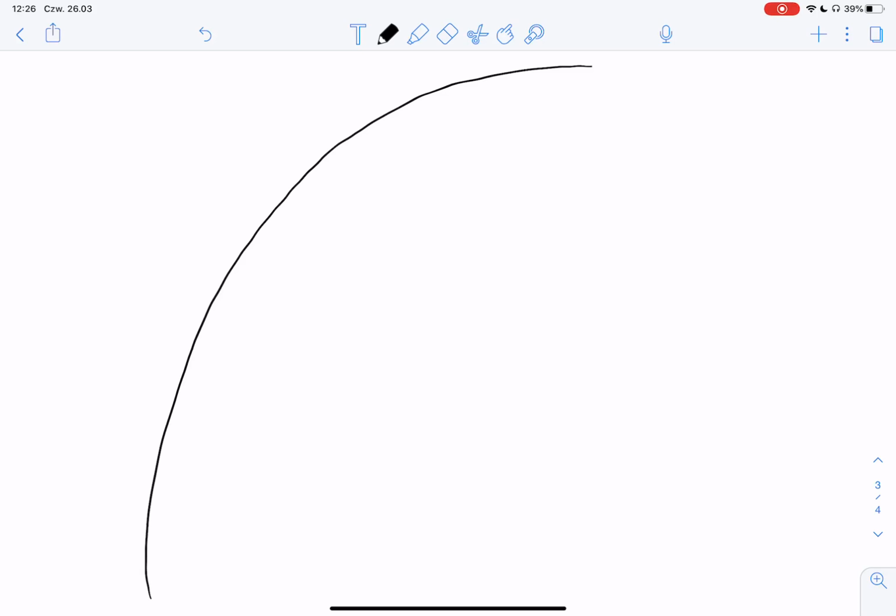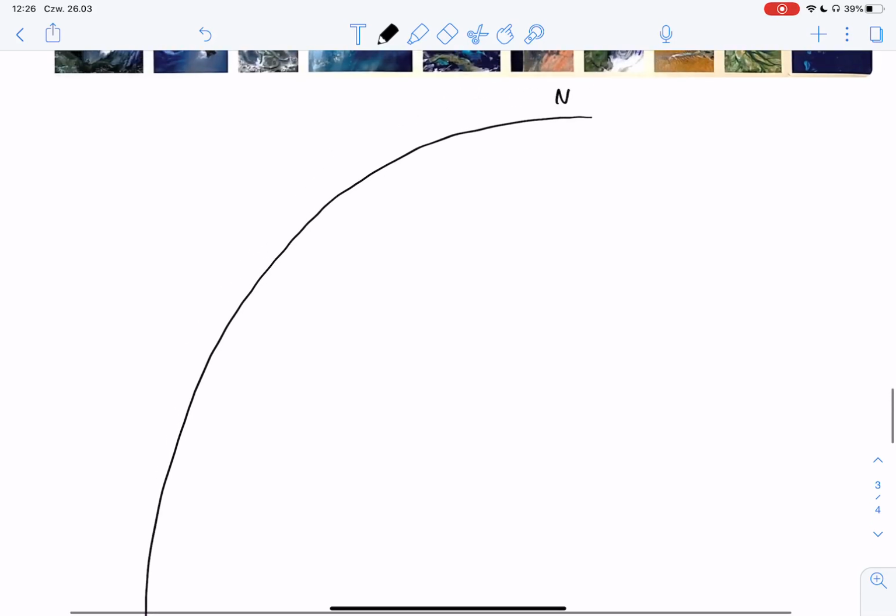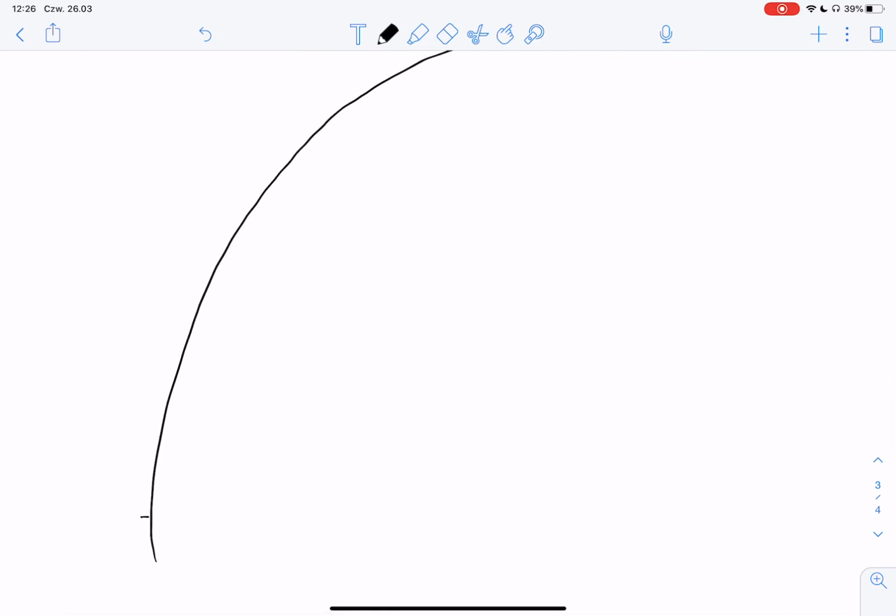Guys, they also align to the Earth. So let's draw the Earth something like this. Here we have the North Pole. Here we have the equator.